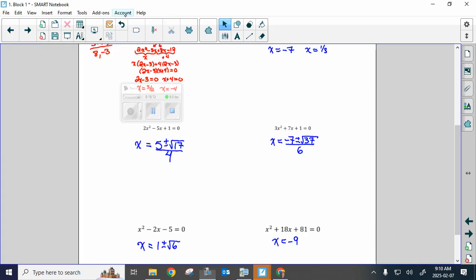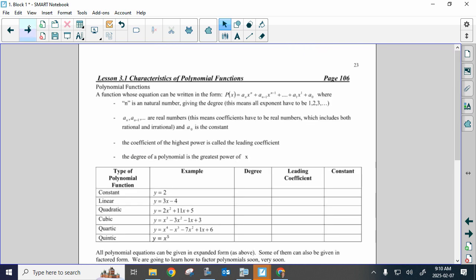Ladies and gentlemen, do all 6. If they felt good, you don't have to review this. If it didn't feel good, you might have to, like I said, YouTube videos, whatever it takes to make sure you've got those skills. But you have to know how to simplify your radicals quickly and efficiently. That's like your basic times tables in pre-calculus. Okay, so what we're going to do is we're going to start talking about the characteristics of a polynomial function.